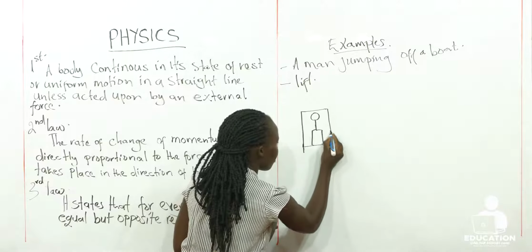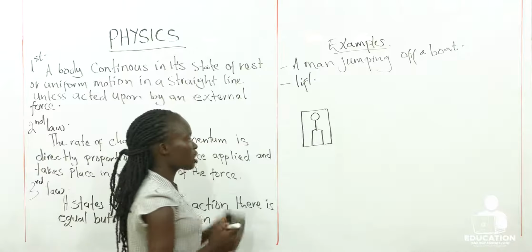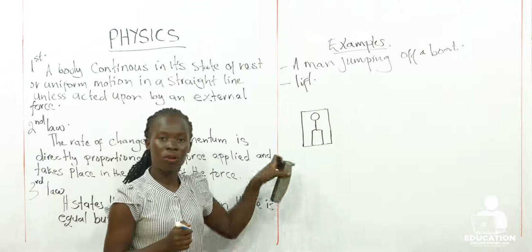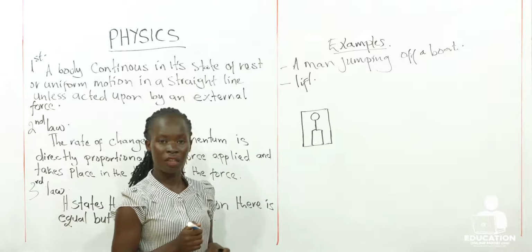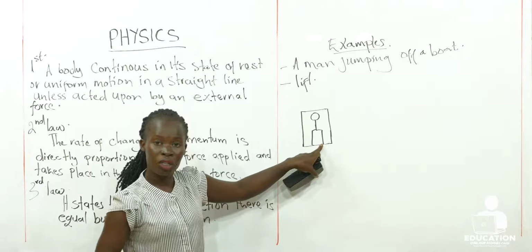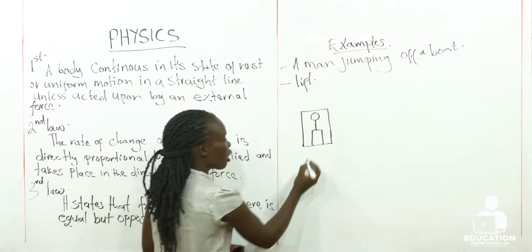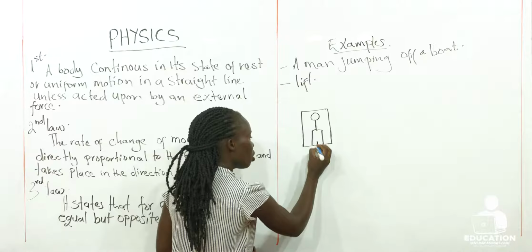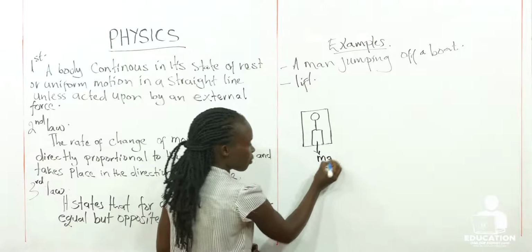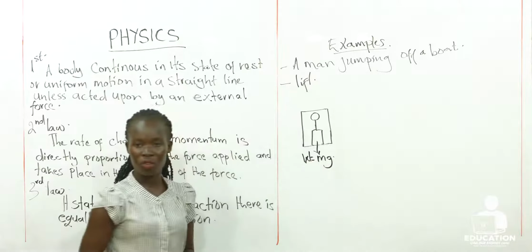You're standing inside the lift. When you're standing and the lift is not moving, there is a force you're exerting on the lift. Remember, there is direct contact between your foot and the floor of the lift. So you're going to exert your whole weight on the lift here. This is our weight, because weight is equal to the mass times the acceleration due to gravity.